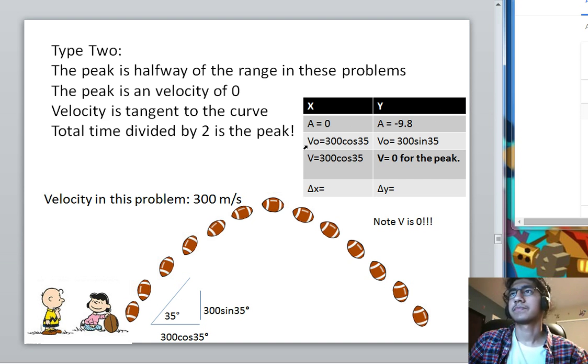V0 and V are going to be the same in X, because the acceleration is 0, and in this case V0 and V are 300 cosine 35. For Y, V0 is 300 sine 35, and V equals 0 for the peak. So we are actually going to be solving problems only to the peak, so in final calculations we have to adjust for that.